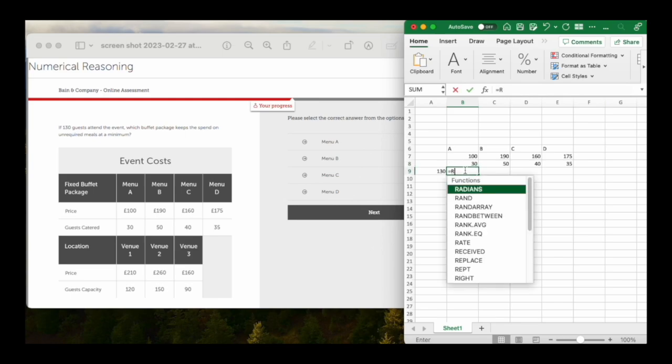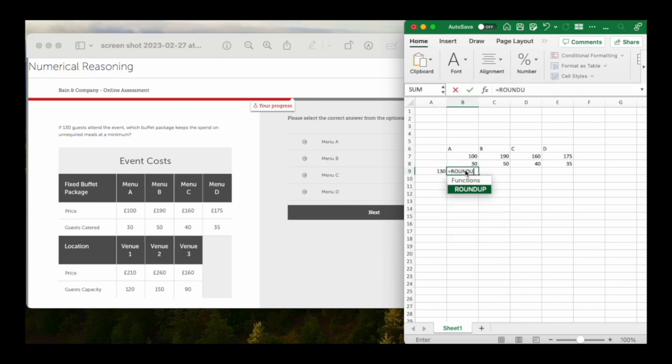So let's use this function, and inside it, you want to divide the required number of guests by the number of guests catered for. Drag that across to get the number of packages you must purchase for all menus.